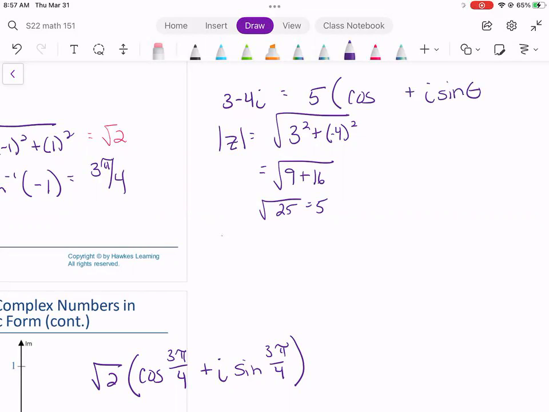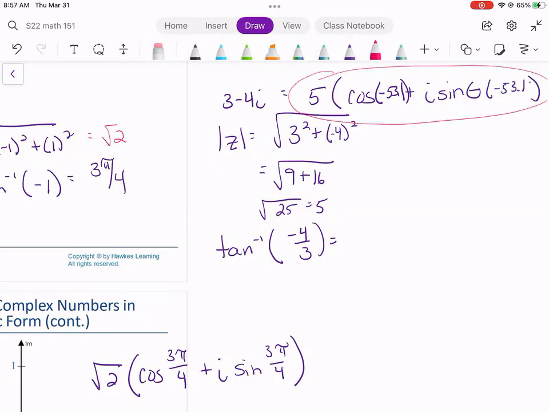And remember, the argument is going to come from the inverse tangent of b over a. So we have -4 over 3. We'd have to use a calculator for that, and we get an angle of -53.1 degrees. So we're going to take both the sine and the cosine of that angle, and this is our trigonometric form of the complex number.